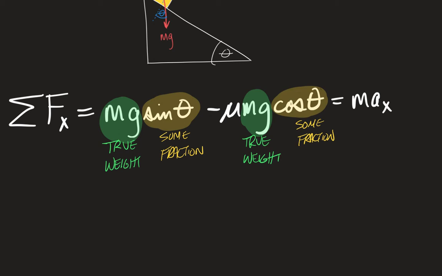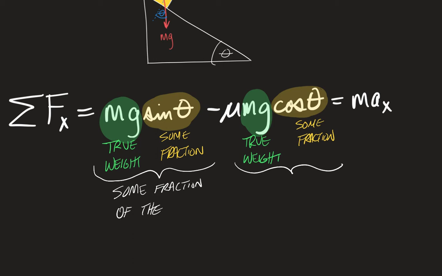And so when we look at all of this together, these two parts, and then we will get to the mu thing, this is some fraction of the true weight.